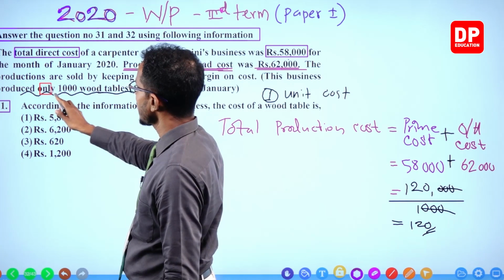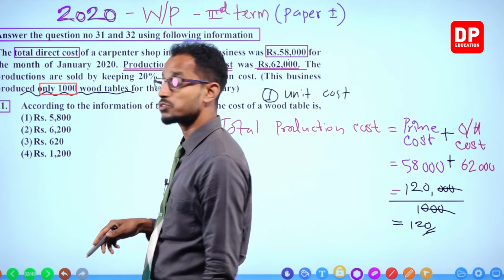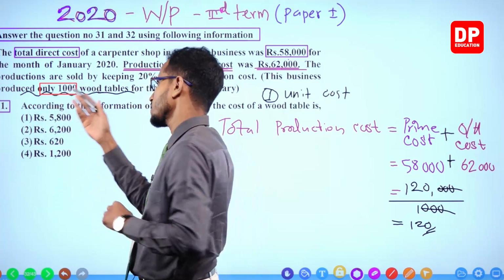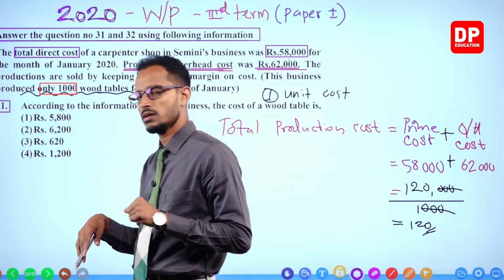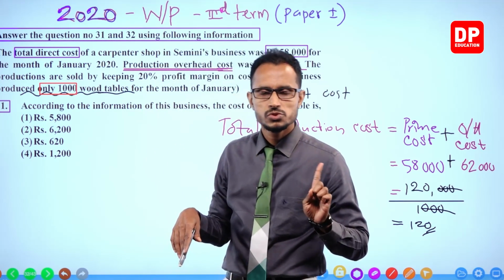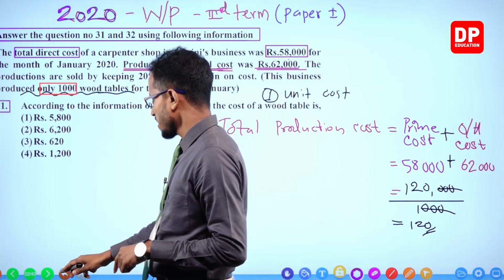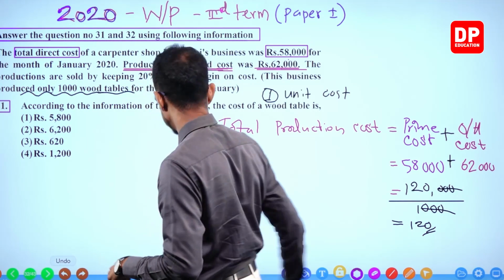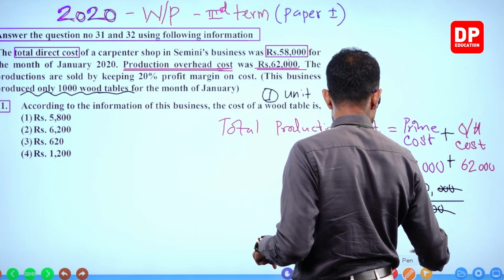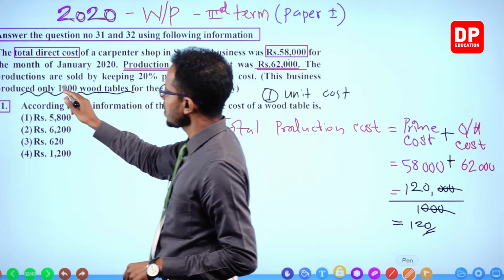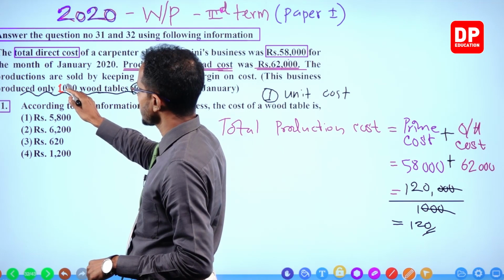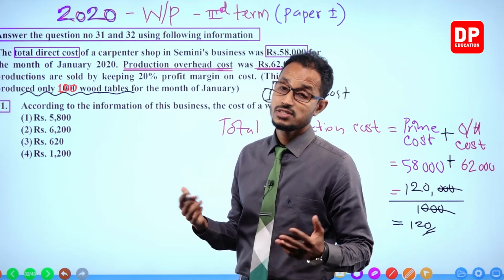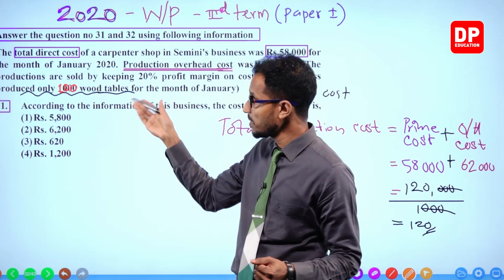There is a typing or printing mistake on this paper right here. Not 1,000 wooden tables. When I checked the single medium paper, I found out that it's only 100 wooden tables. It should be corrected. So, it's a mistake on the paper.